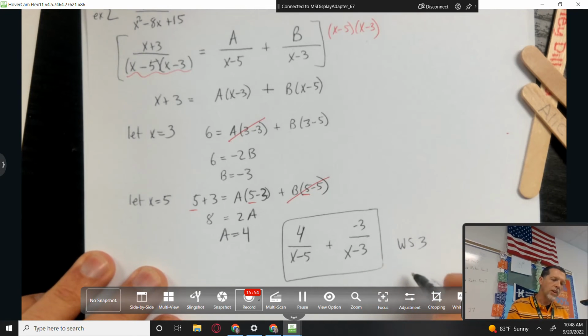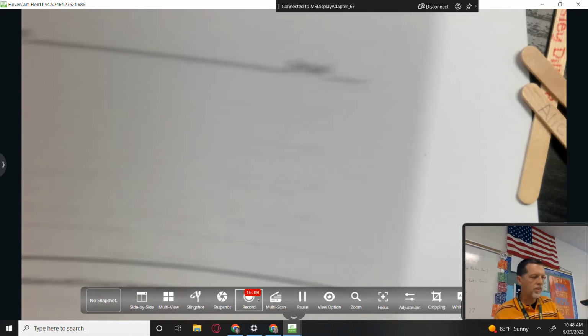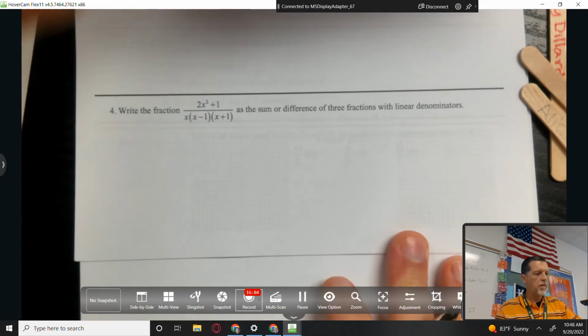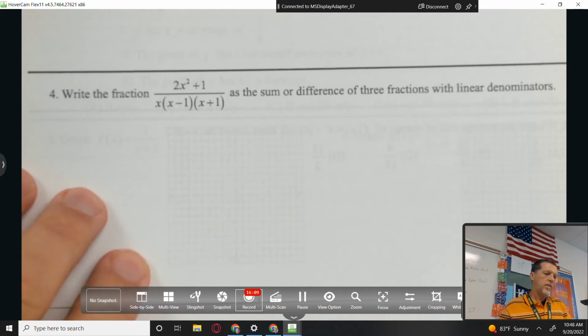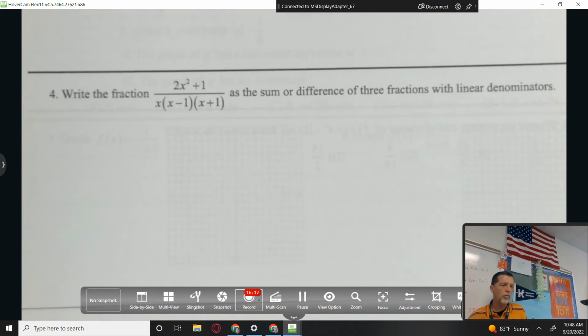All right, let's look at worksheet number 3, and we need to do number 4. So back to the worksheet packet. And you tell me, why did I pick number 4 to do? Let's find out.